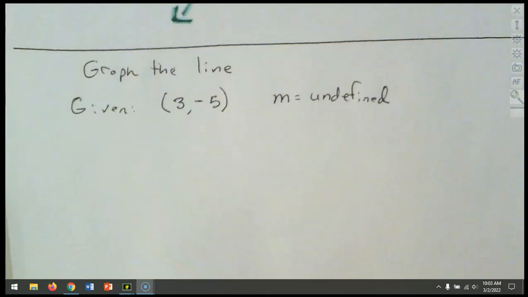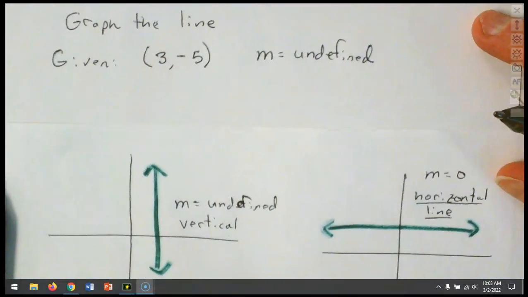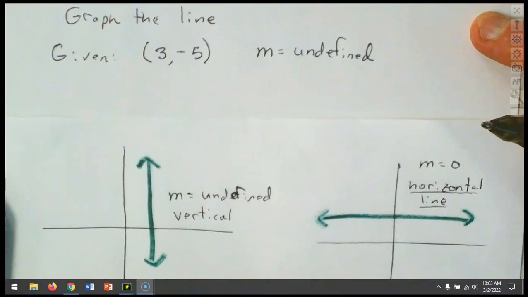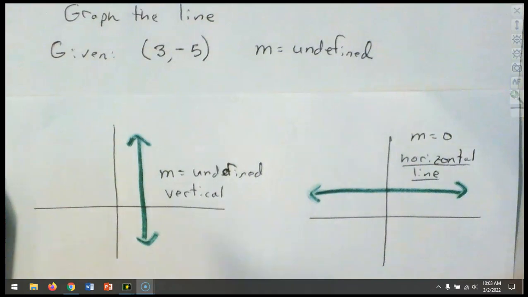So what does it mean if it's an undefined slope? Let's go back and look at what we just talked about a few minutes ago. Remember when we had an undefined slope, it was a vertical line, right? So undefined slope means it's going to be a vertical line.